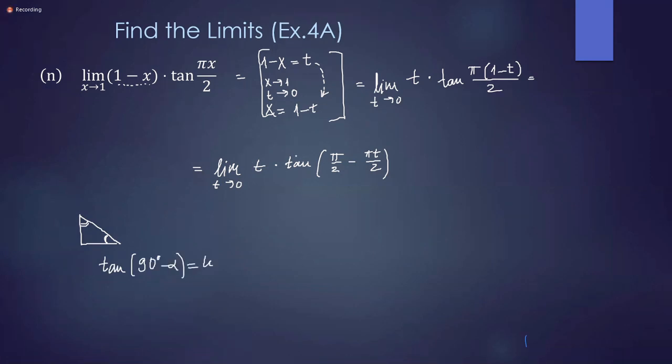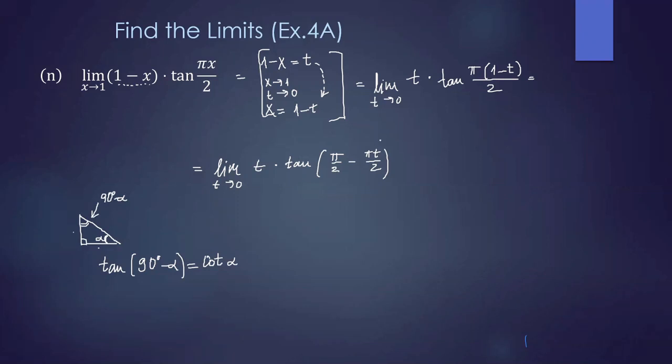Because if one acute angle is alpha, then tangent is opposite divided by adjacent leg. However, this other angle is the right angle minus the first, 90 degrees minus alpha. And for that angle, what was the opposite leg to alpha is adjacent to 90 minus alpha.